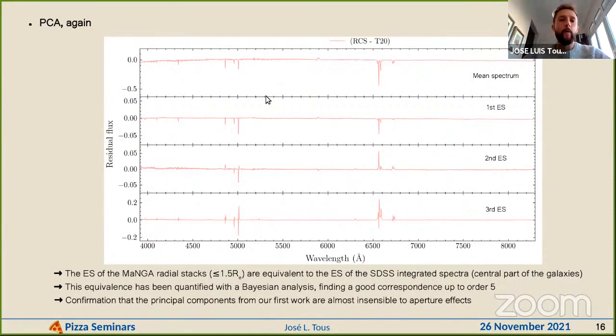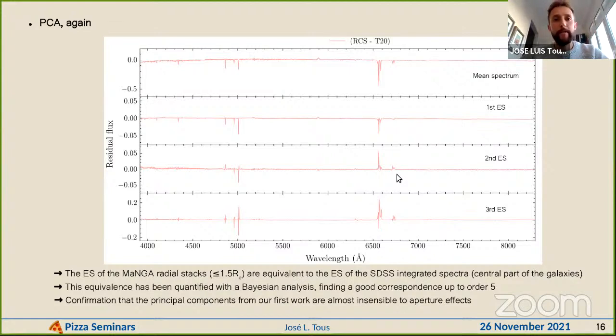So again, we apply a principal component analysis, and surprise, surprise, what we find is that the principal components for the MaNGA radial stacks look very much the same as the ones we derived in 2020, as these tiny residuals show. Here we see that most of the differences accumulate in the mean spectrum, but for the first three principal components, the residuals are very small.